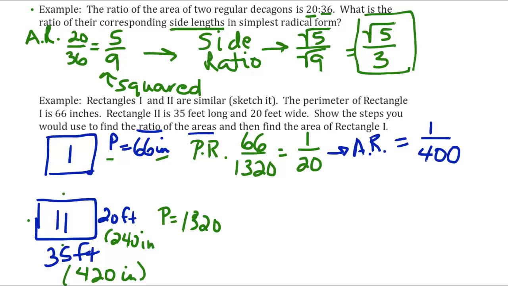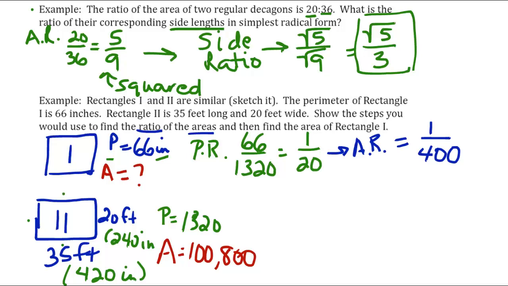And so this is the area that we don't know. And we can find the area of the bottom one, can't we? 240 times 420, because we're going to be doing this in inches. And we'll get 100,800. All right, so that is the area of the bottom figure.